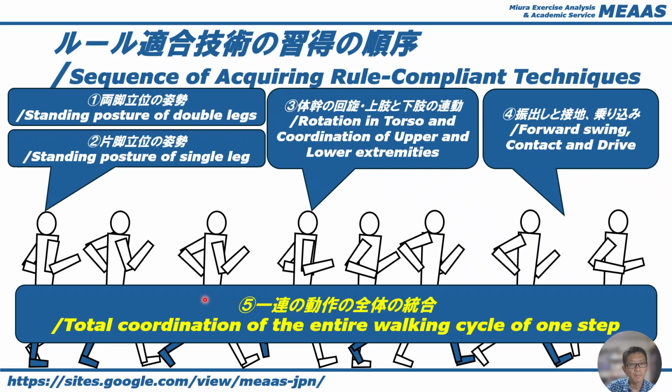The abstract of that: number 5 is in conjunction with numbers 1 and 2 and the whole entire cycle, and exercise number 3, and after that they conduct the full walking cycle. And after exercise number 4, they progress to the practice of the entire walking cycle. I talk about that number 5 in detail in the next movie.